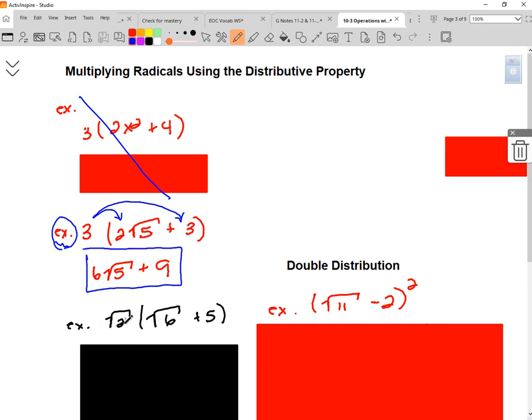Now what if the number or the value on the outside is a square root? So let's look at this example. The square root of 2 times the square root of 6 plus 5. Same thing, it gets distributed. What is the square root of 2 times the square root of 6?